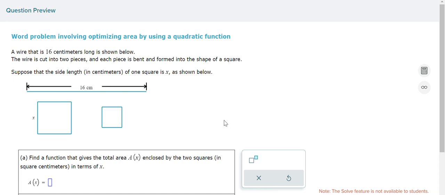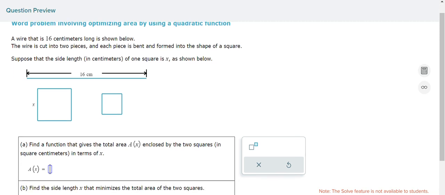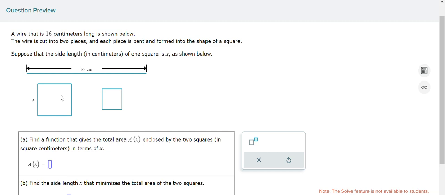And it says find a function that gives the total area A of x enclosed by the 2 squares in square centimeters in terms of x. Okay, so the first thing we need to realize is that this information here is giving us a relationship. And so we're going to form this relationship before we move forward into A.